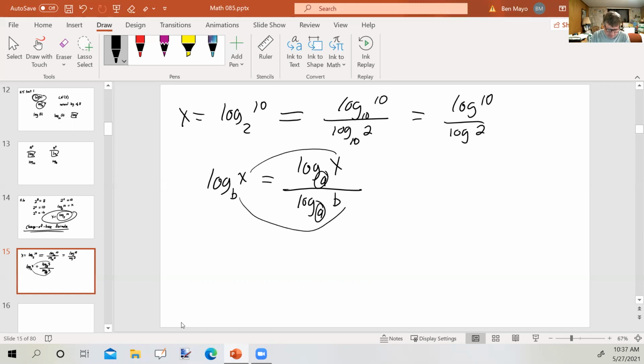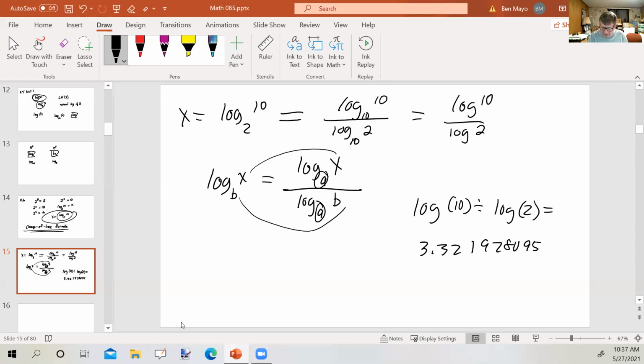If I go to my calculator and put in log of 10 divided by log of 2, and then equals, I get 3.3219280949. Okay, so what does that mean?